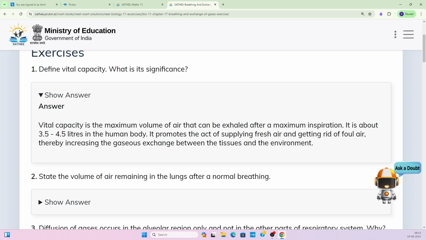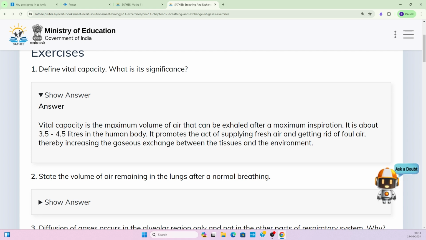At the same time, when you exhale a maximum amount of foul air, you are increasing the gaseous exchange between the tissue and the environment.